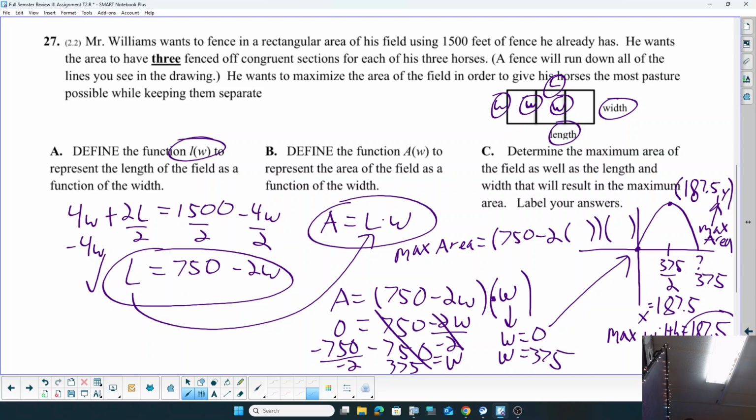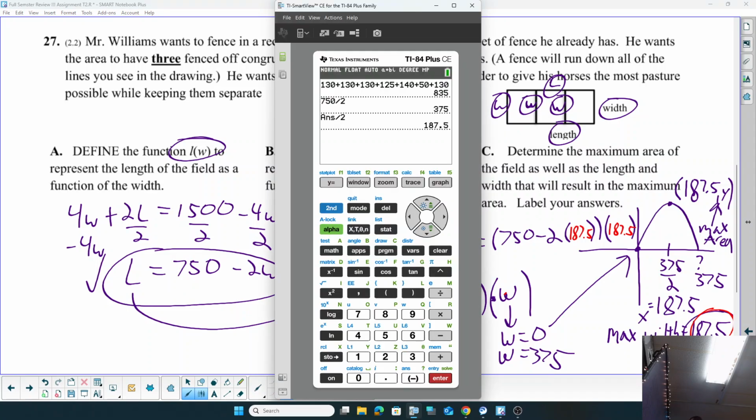What's our W? Our W is 187.5. So wherever we see a W, we're going to plug in 187.5.